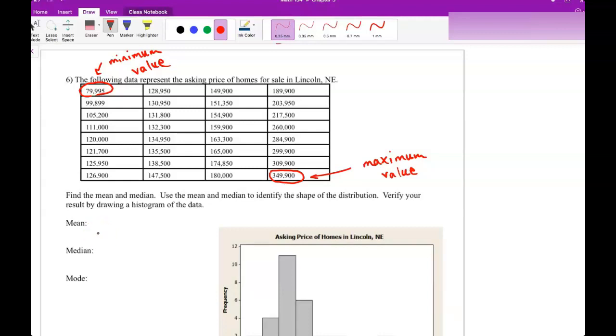So first, for the mean, you need to add all these numbers, or you can use a calculator. Stat, exactly what I did in example number 3. So press stat, then enter data in the first column L1. Again, use stat, choose calculate, and then choose the first one, which is var stat.